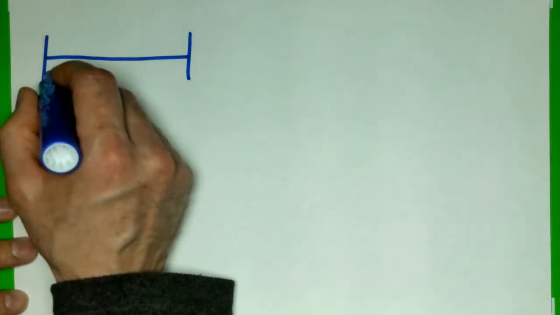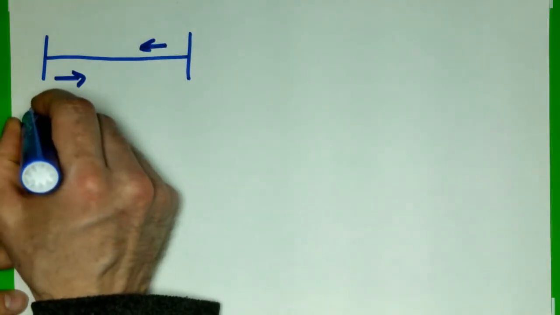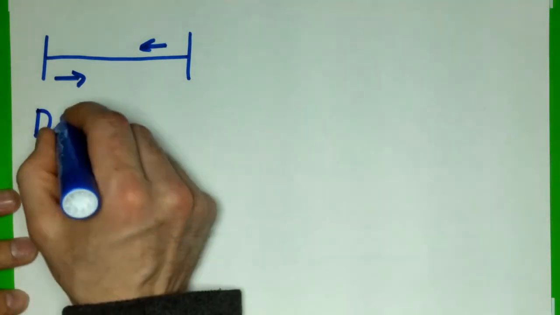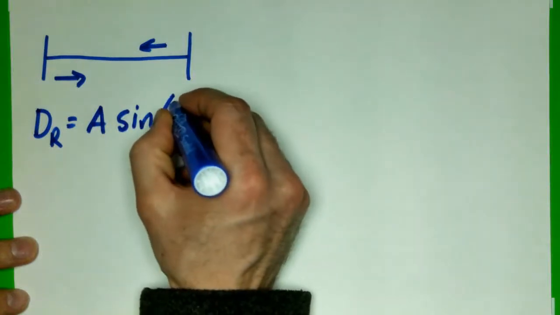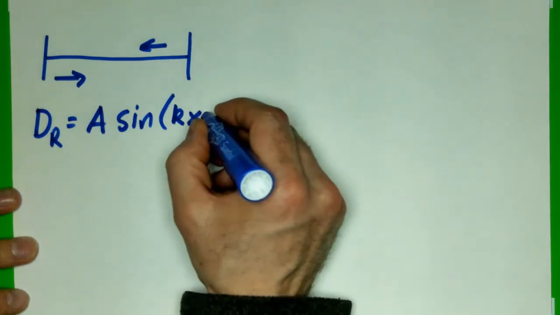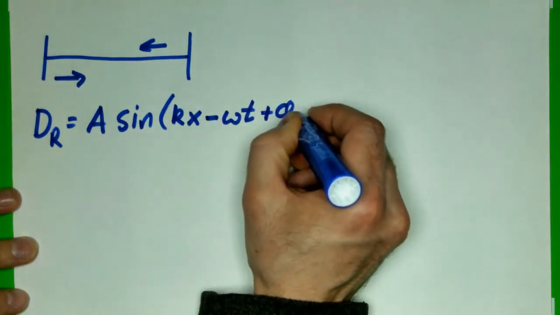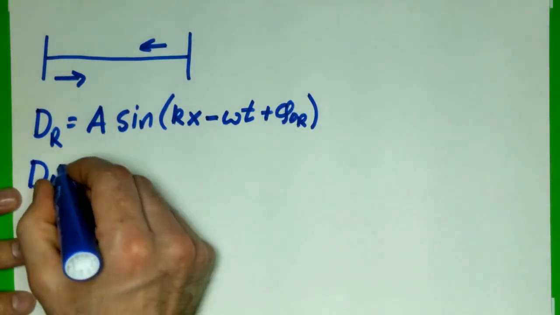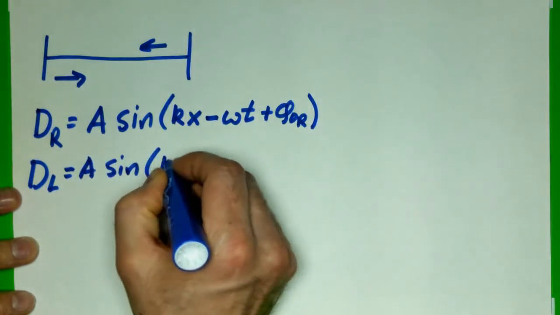So let's suppose we have the right-going wave and the left-going wave, and their displacement equations would look like this. d_r is going to be equal to the amplitude times sine of, I'll use the simple forms, the wave number times x minus omega t, plus phi 0 for the right-going wave, and d left is going to be equal to A sine of kx plus omega t plus phi 0 left.